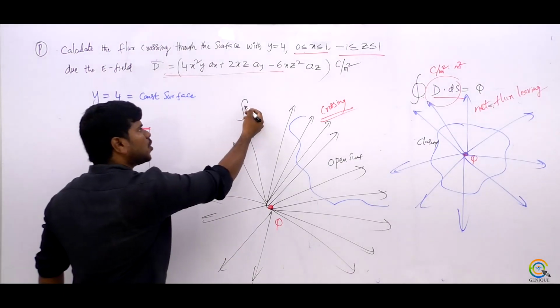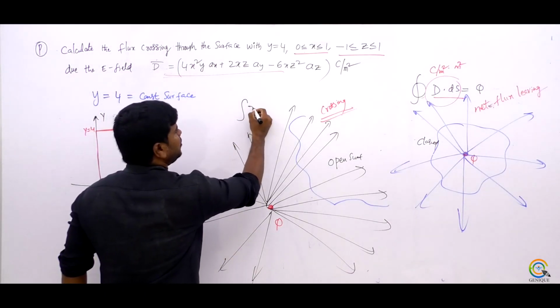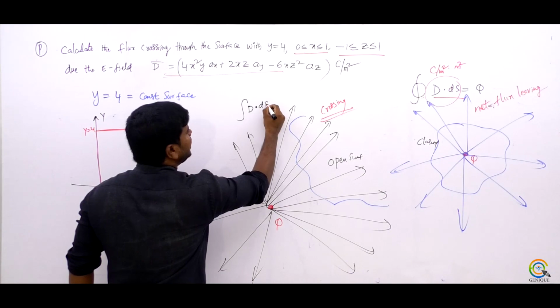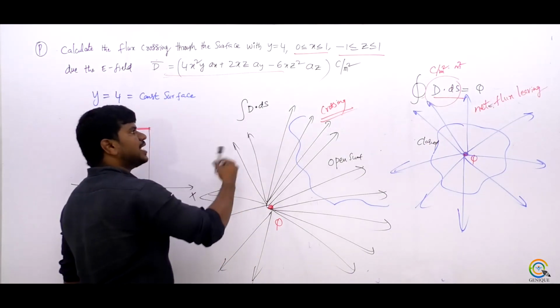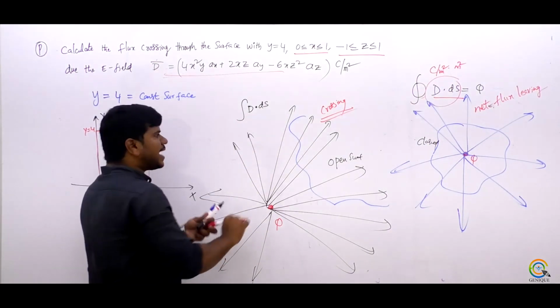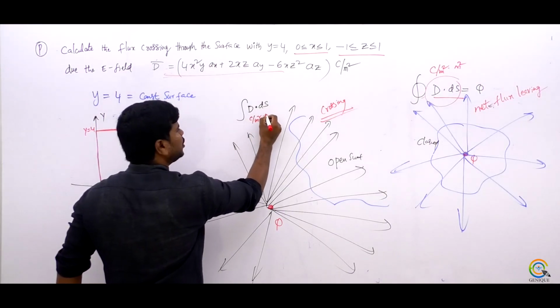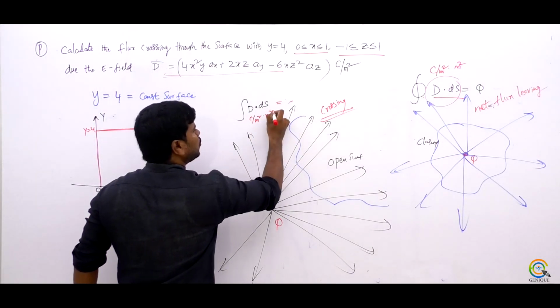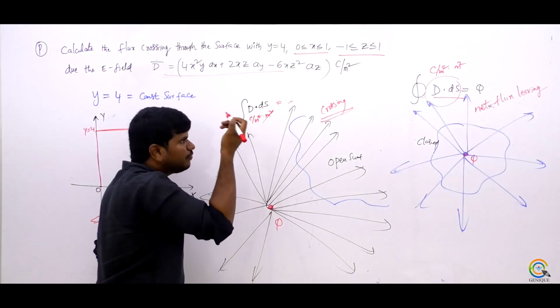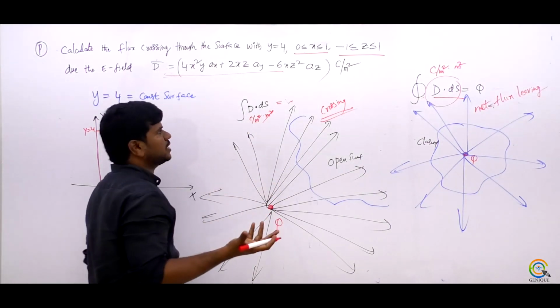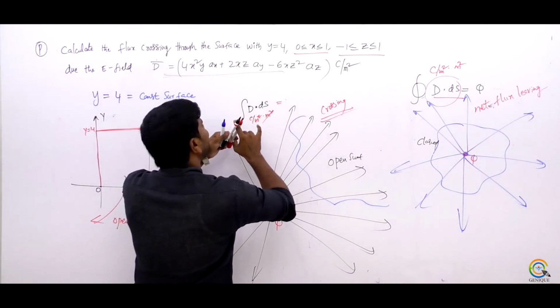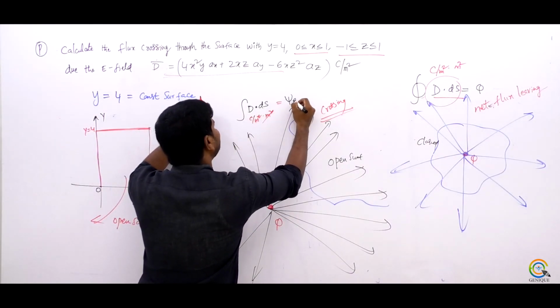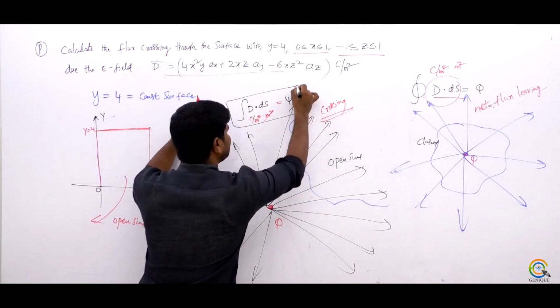We just put D dot dS. What is D dot dS? It is coulomb per meter square into meter square, so this is coulombs. Coulombs means what? Flux only, or charge. It is represented with psi e.